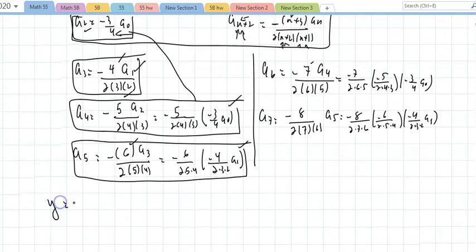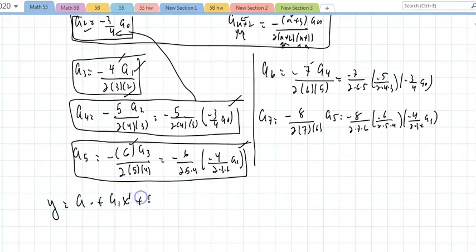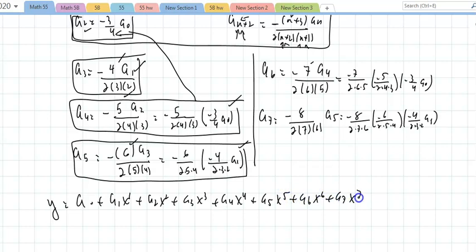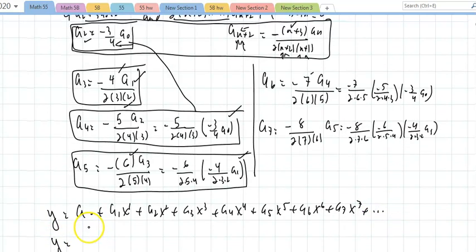I know that y equals a sub 0 plus a sub 1 x to the 1 plus a sub 2 x squared, a sub 3 x cubed, a sub 4 x to the 4, a sub 5 x to the 5, a sub 6 x to the 6, a sub 7 x to the 7, and the list goes on. Well, let me fill in the blanks. Y is going to equal a sub 0, I didn't find anything for it. A sub 1, I didn't find anything for it.